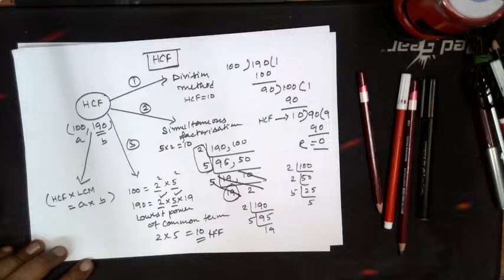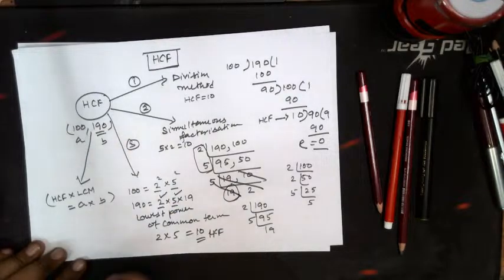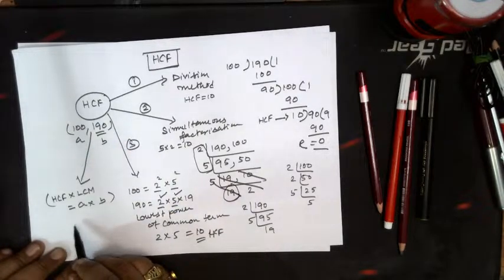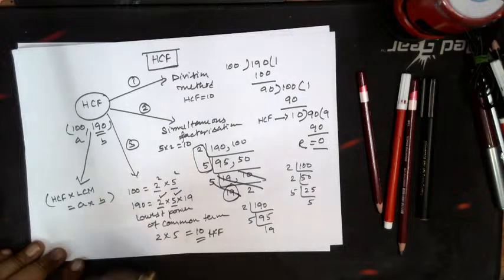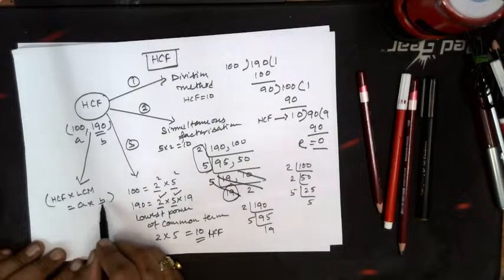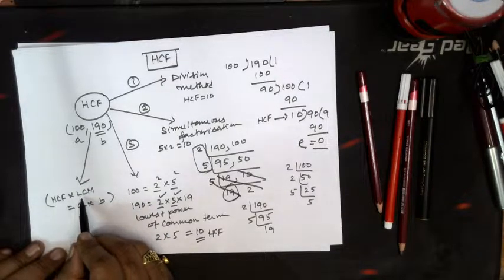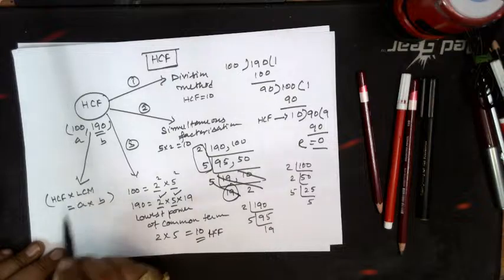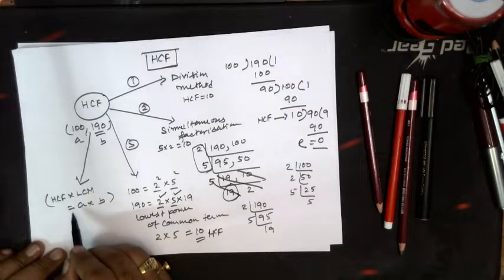Now we are interested to find out what? HCF. A is known, B is known. Sometimes they will give the LCM. Otherwise you can find out the LCM also. How to find out the LCM?